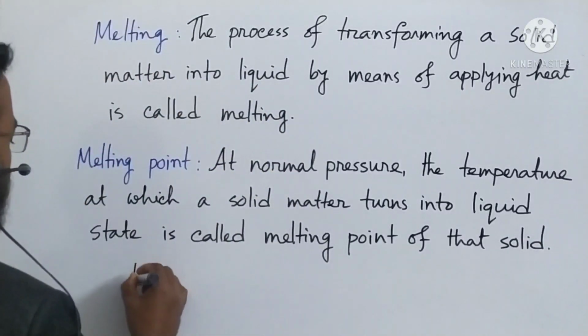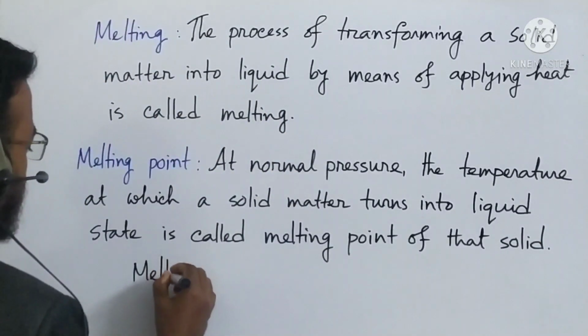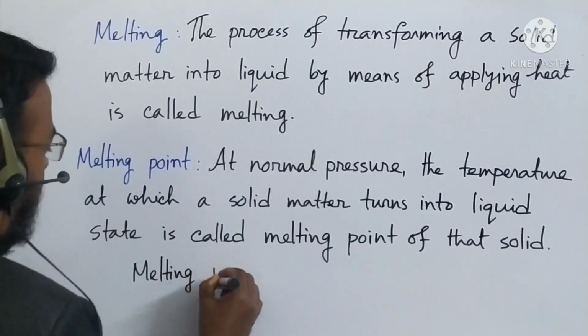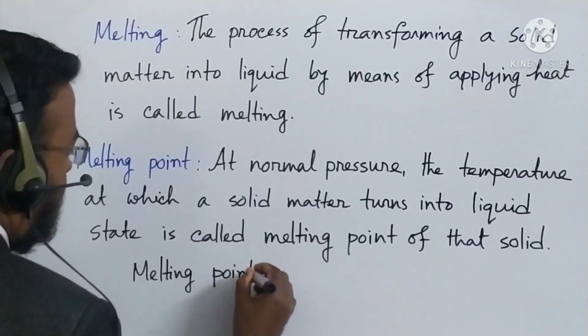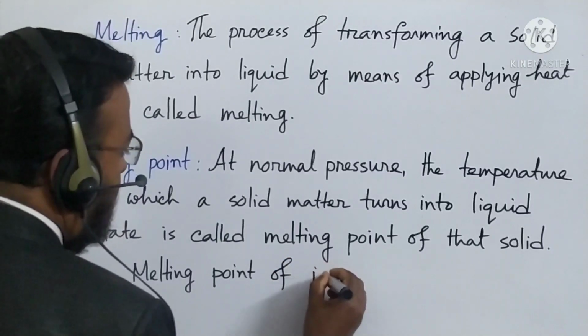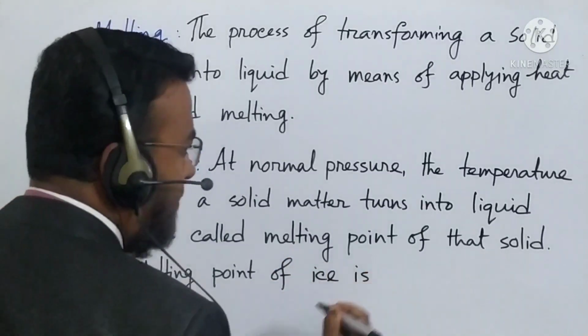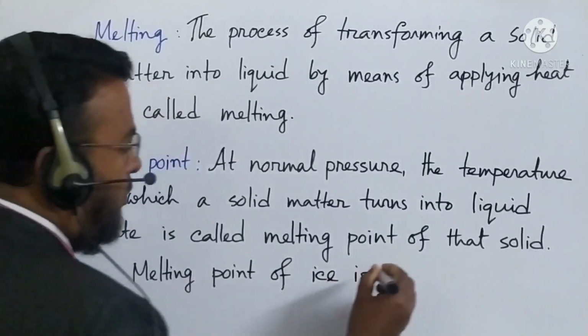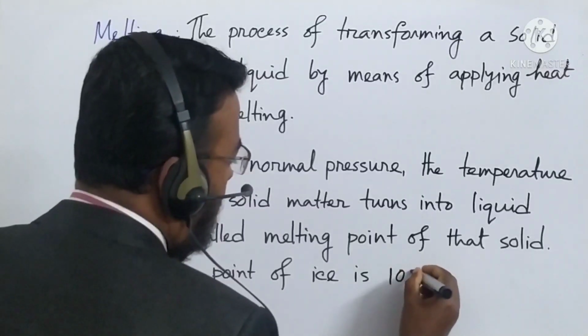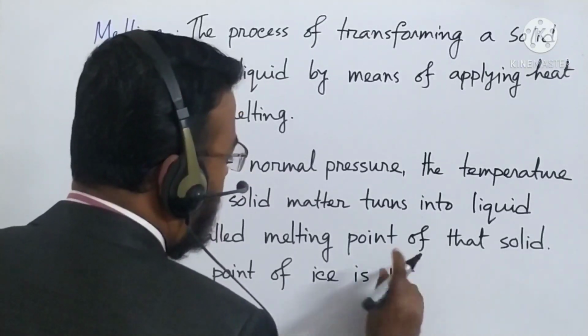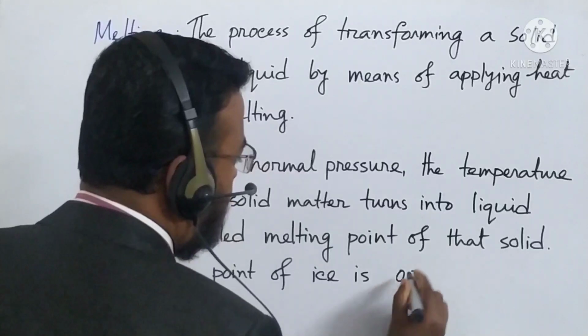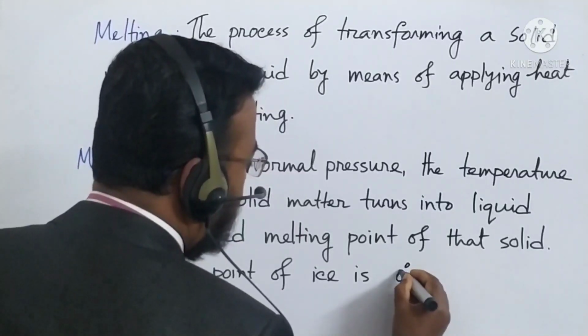For example, melting point of ice is 0 degree Celsius.